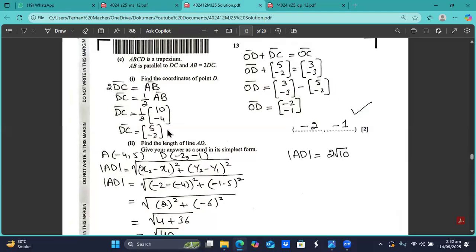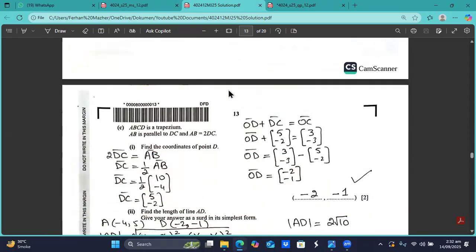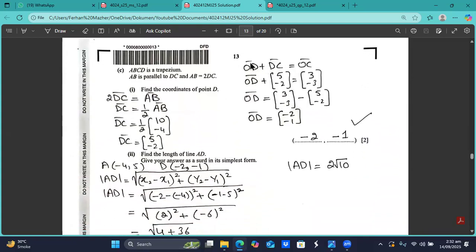Once you know the DC, we know the coordinates of the C we found in this part. OC, now I know it's 3, -3. So in the position vectors, I can write OD plus DC is equal to OC. So OD plus the DC we just found here, and OC we found in the previous part.